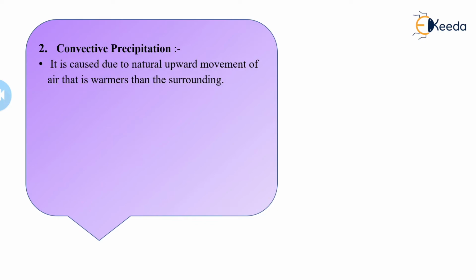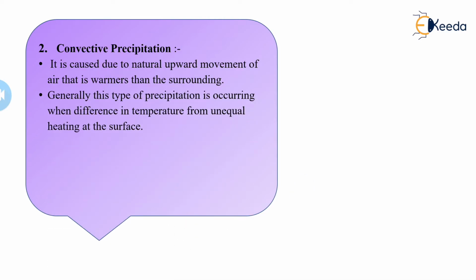This precipitation is generally caused by the natural upward movement of air that is warmer than the surrounding. So it is a natural process of lifting warmer air masses to a higher altitude. Generally, in this type, the precipitation occurs because of the difference in temperature from unequal heating at the surface.